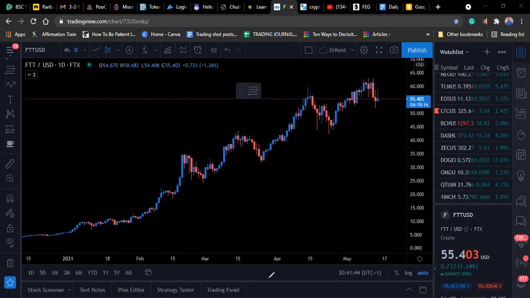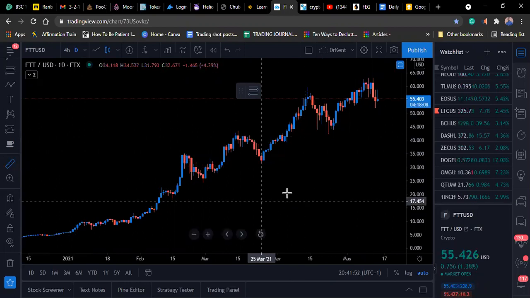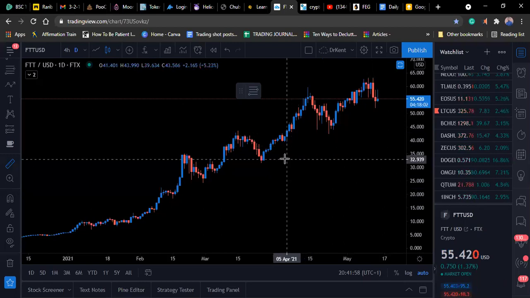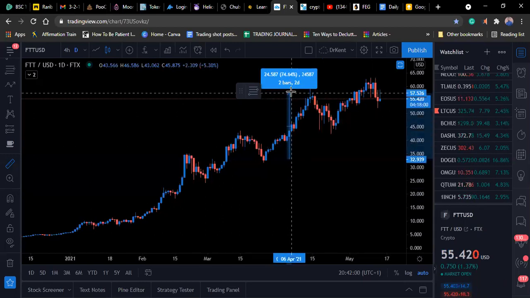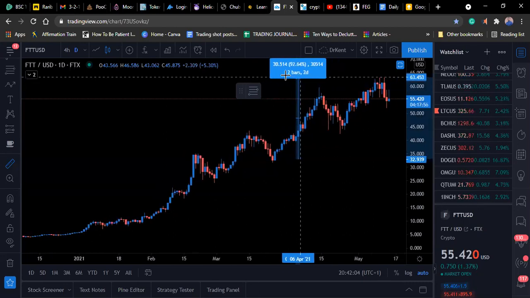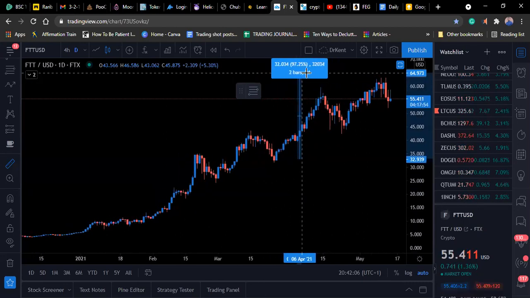Let me do that again. So this arrow helps you measure movement, time, and percentage movement. It helps you measure the movement of price, the time, and by how much percent price has moved.